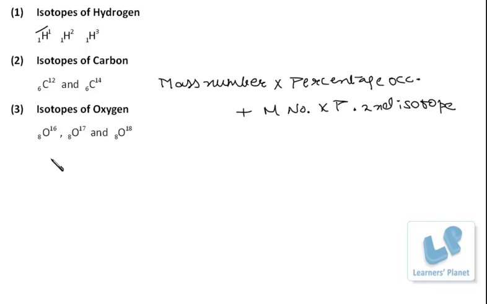Likewise, the isotopes of oxygen are O-16, 17 and 18. So there are many elements which exist in different isotopic forms.